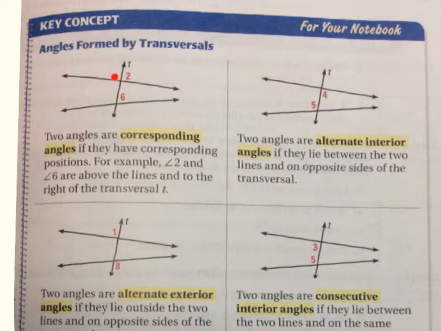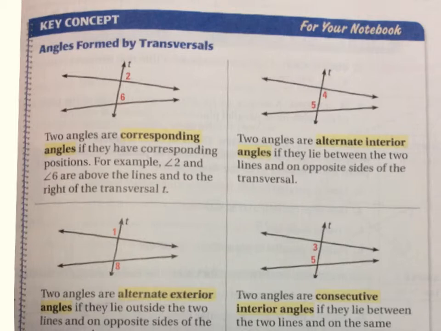So this angle here, which would have been angle 1, and angle 5, not shown, which is right here, would also be corresponding, as with this angle, and this angle, and this angle, and this angle. Okay, so that's corresponding.